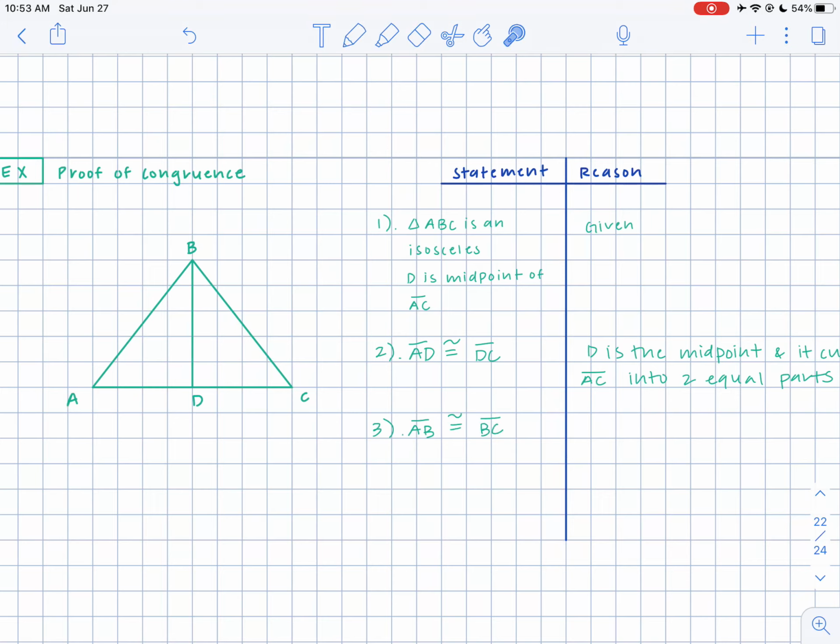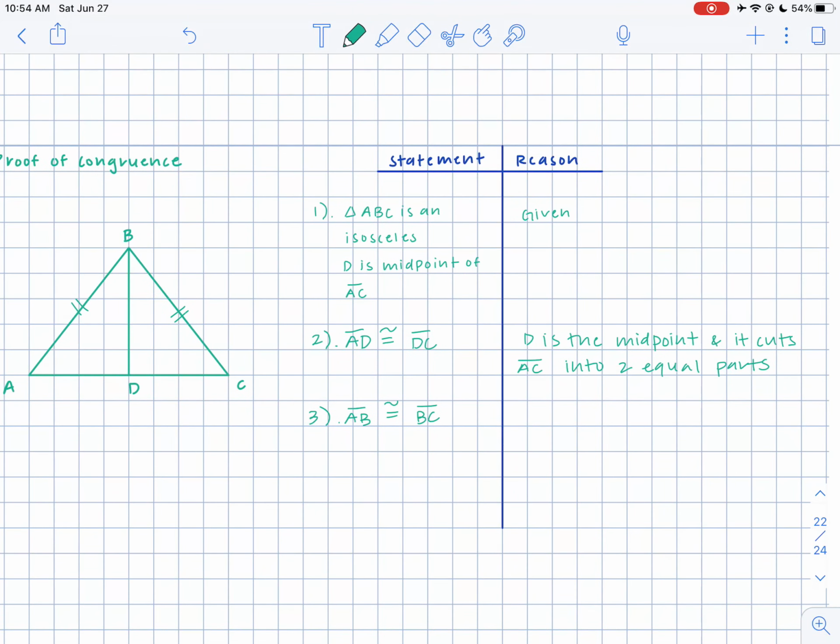How do we know that? Because we know that ABC is an isosceles triangle, which means at least two sides are congruent, and the third side is the base, okay? We see that this is the base, so these two sides are the ones that must be congruent to each other. So let's draw hash marks. So how did we know that segment AB is congruent to segment BC?